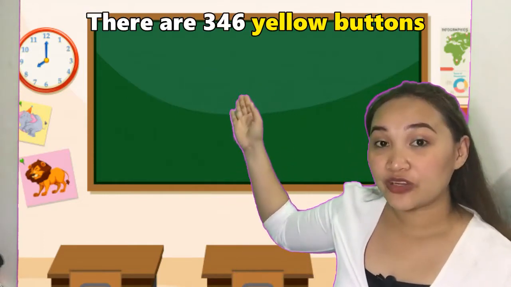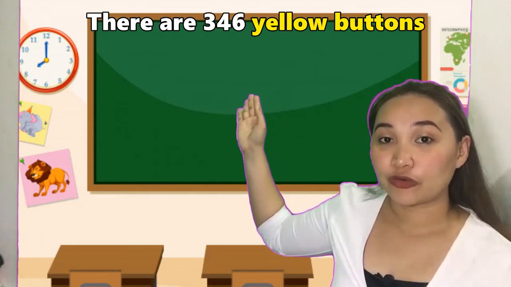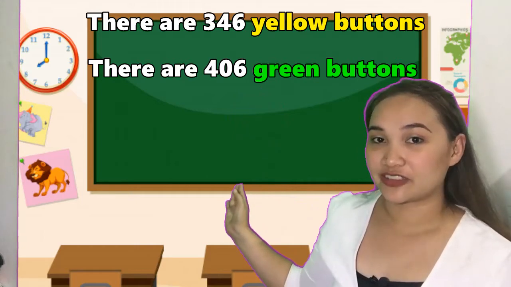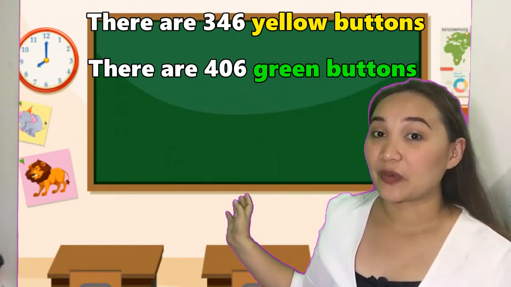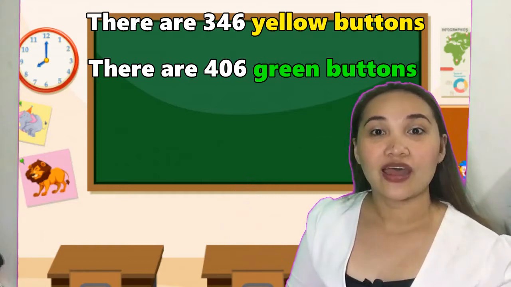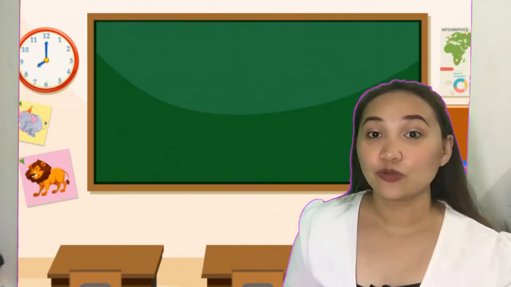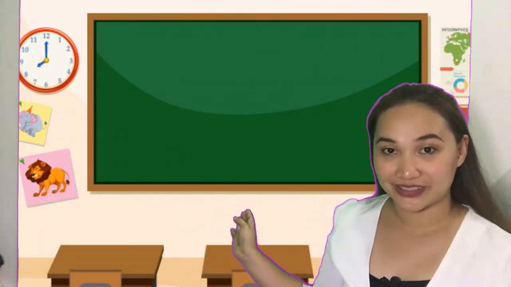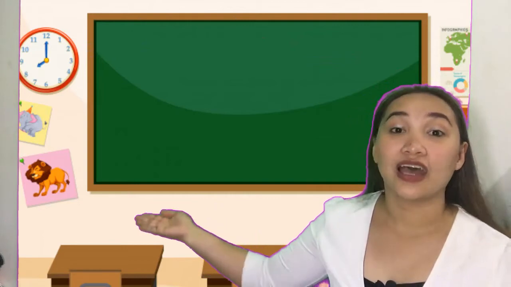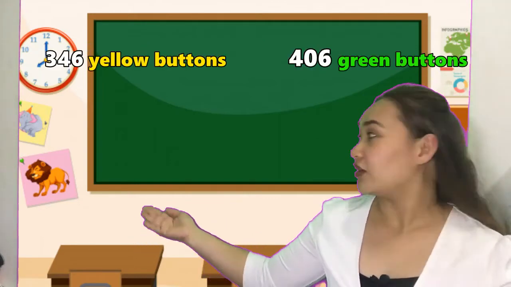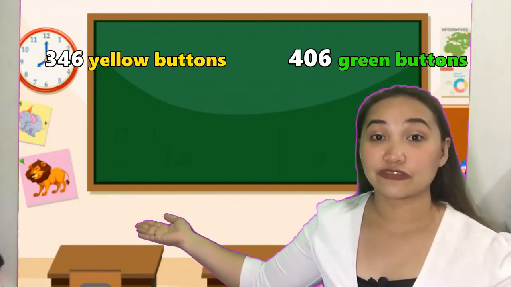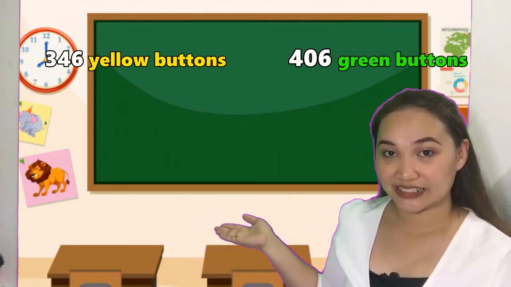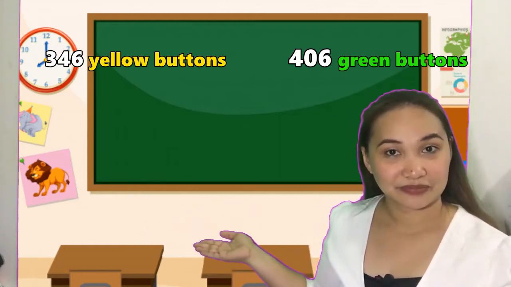So how many yellow buttons do we have again? We have 346 yellow buttons and 406 green buttons. So is the number of yellow buttons equal to the number of green buttons? We have 346 and 406. Is it the same?